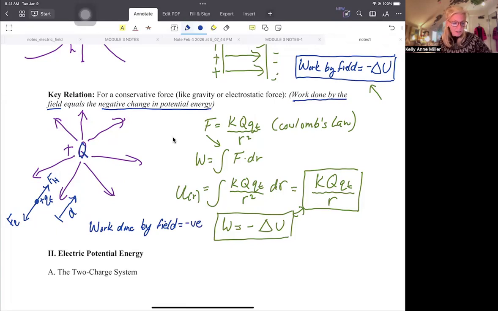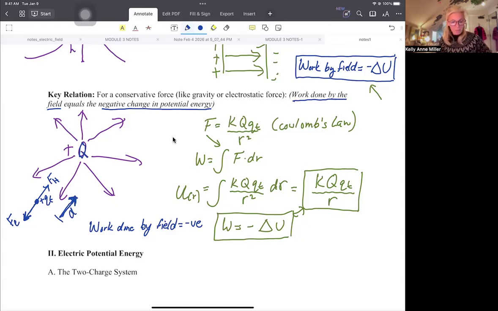Okay, I hope you can see that, right? Because the electric force is pointing in this direction and the displacement is in this direction. So remember from mechanics, if force and displacement are in opposite directions, then the work done by that force is negative.